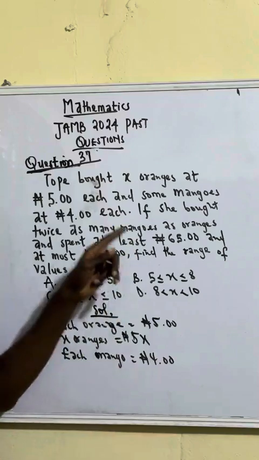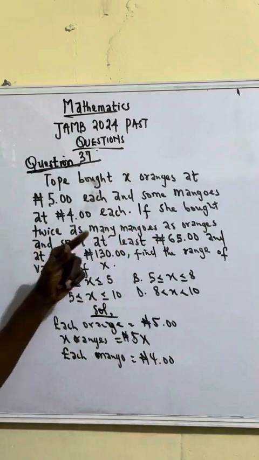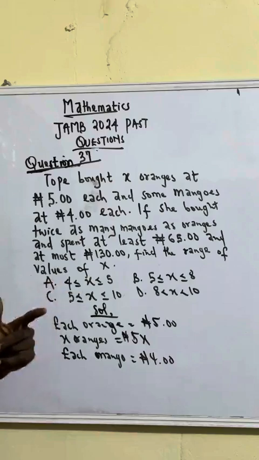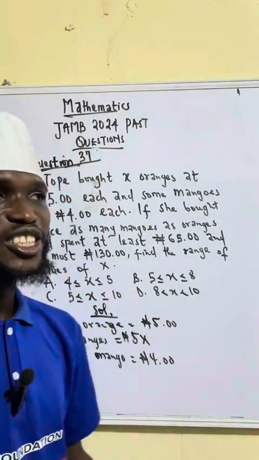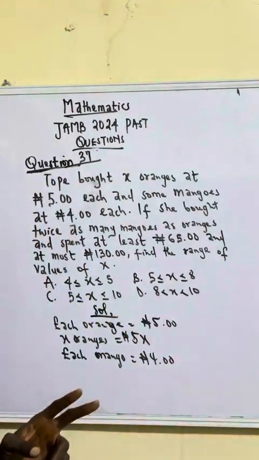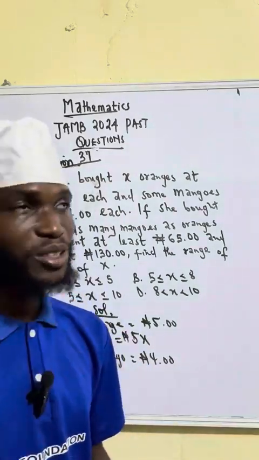Now, they gave us more information that she bought twice as many mangoes as oranges. It means for every one orange, she bought 2 mangoes.